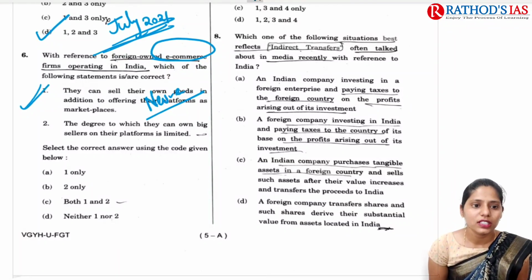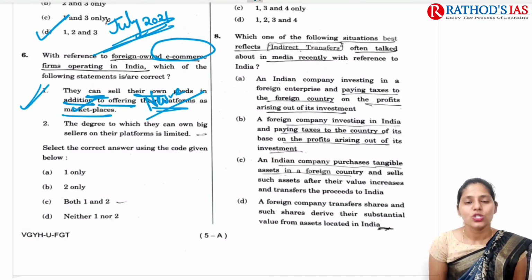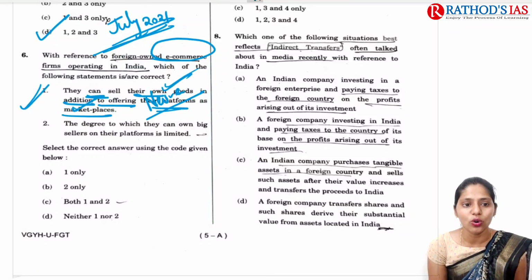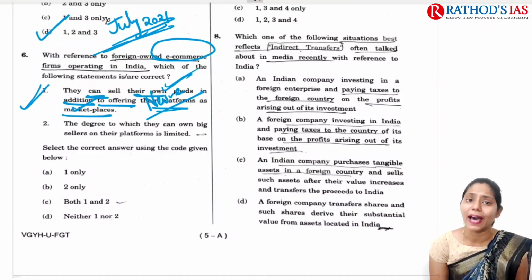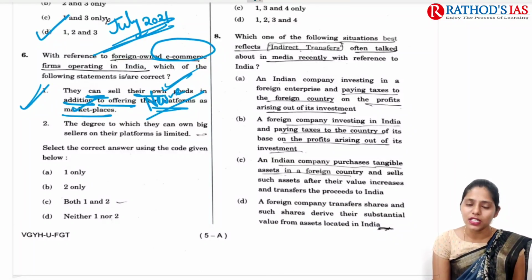So the first statement given here is, they can sell their own goods in addition to offering their platforms as marketplaces. Those platforms where they are selling their own goods, they cannot offer as marketplaces. This is the first point in the new e-commerce rules.